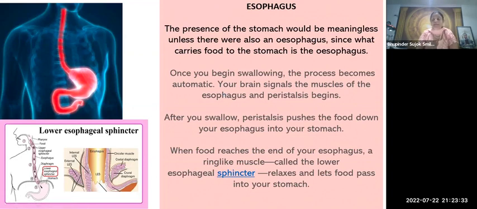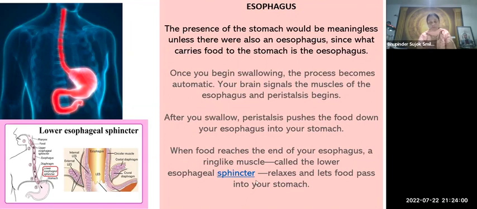Your brain signals the muscles of the esophagus and peristalsis begins. After you swallow, this peristalsis pushes the food down your esophagus into your stomach. And when food reaches the end of your esophagus, a ring-like muscle, this sphincter, relaxes and lets food pass into your stomach.